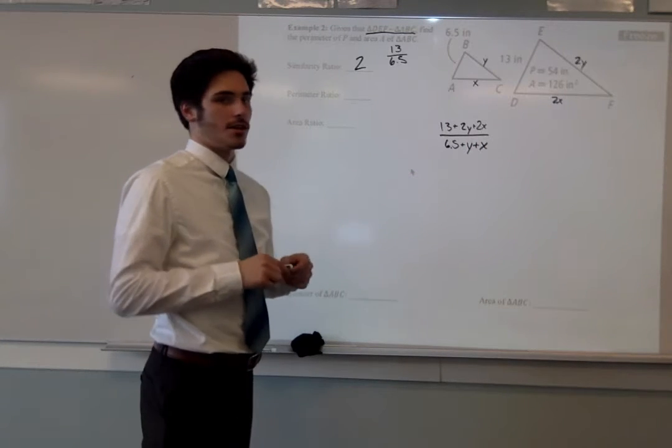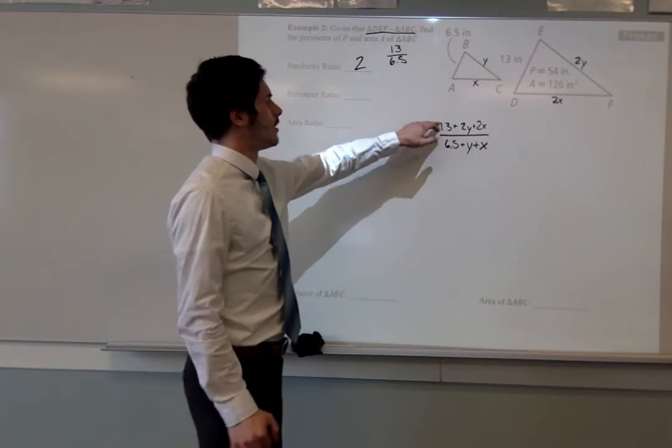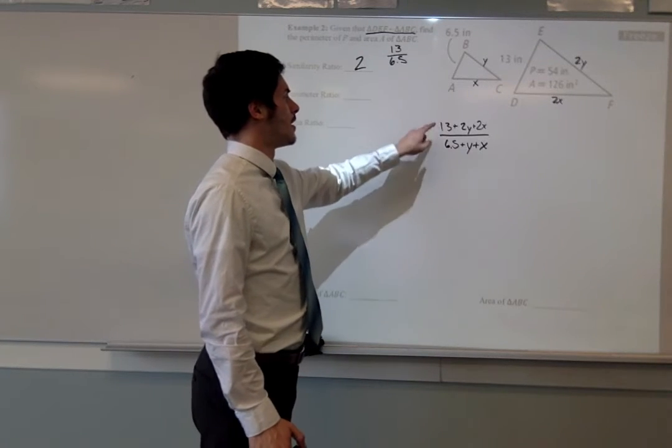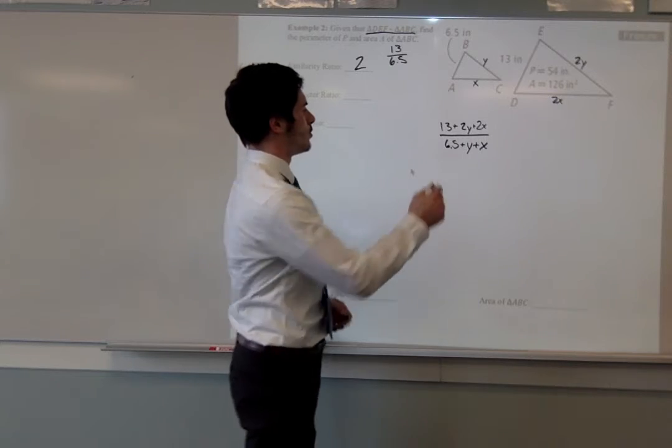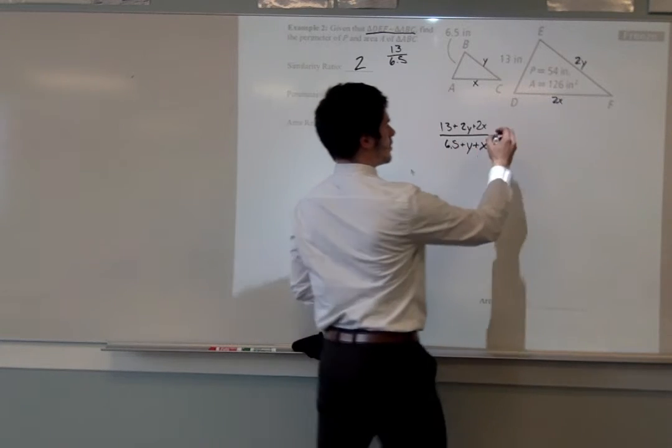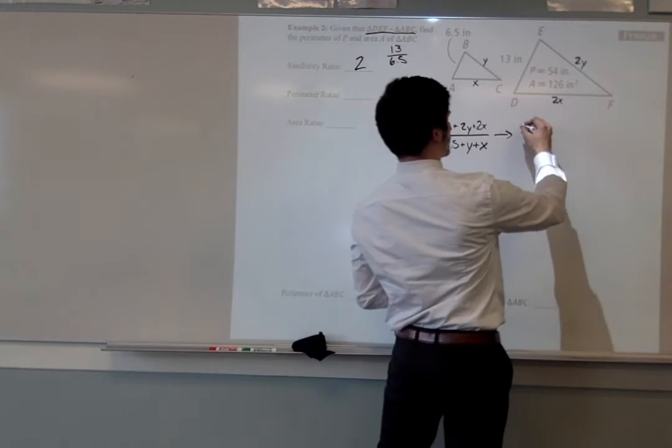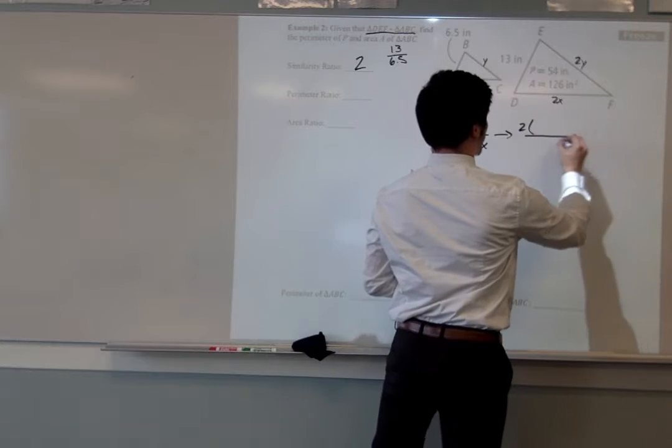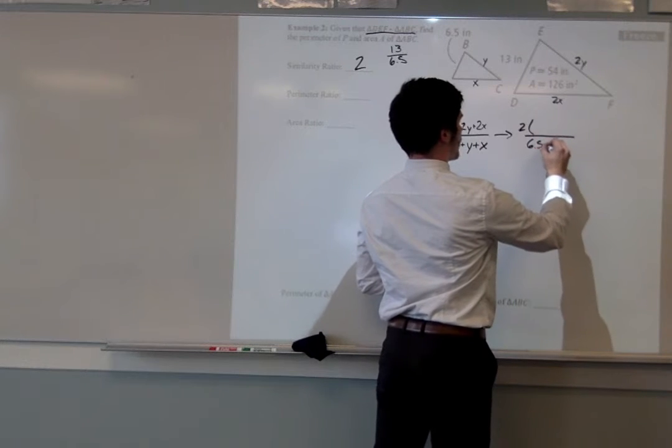So as you can see here, we've got this whole thing above this whole thing, and we can factor a 2 out of this one so that we can obtain something that makes it really easy to see.